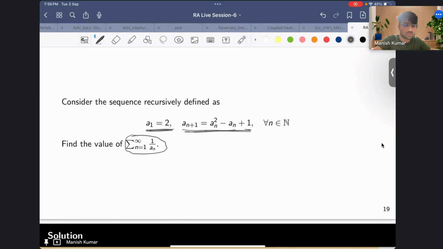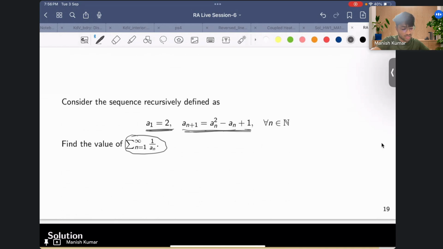Such problems have already been discussed in the last sessions, where using the recursive relation you try to find the partial sum as some telescopic sum, and then you try to see where it converges. This is what we usually do when you have this type of question.